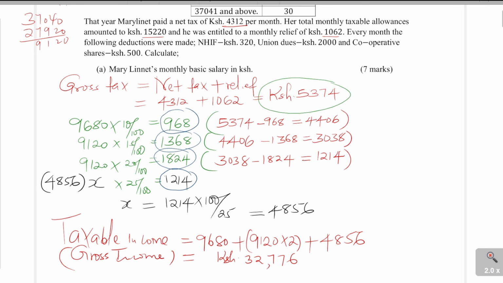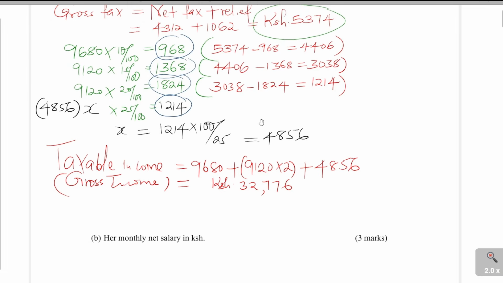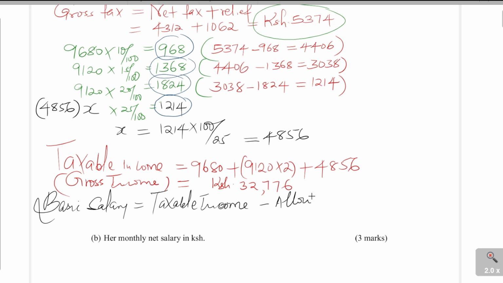That will help us to get the basic salary. Because how do we get the basic salary? I remember that the basic salary is given by taking the taxable income and subtracting the allowances.